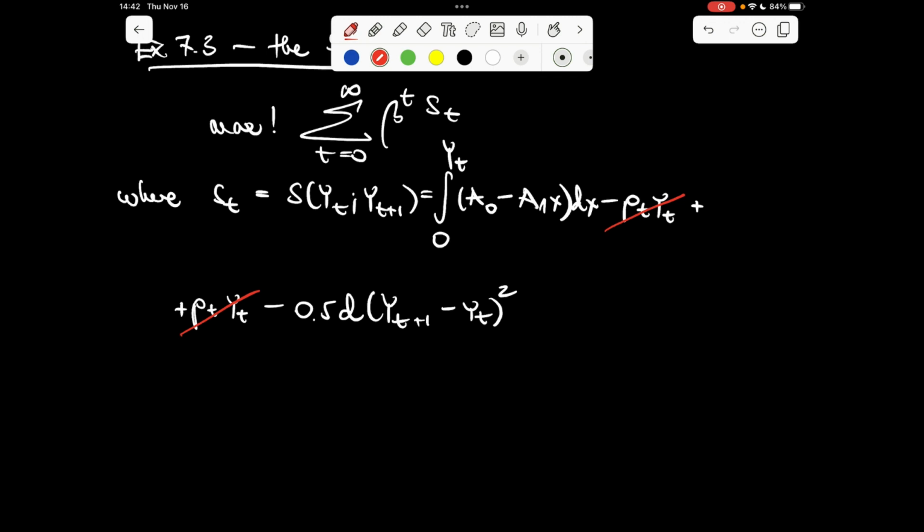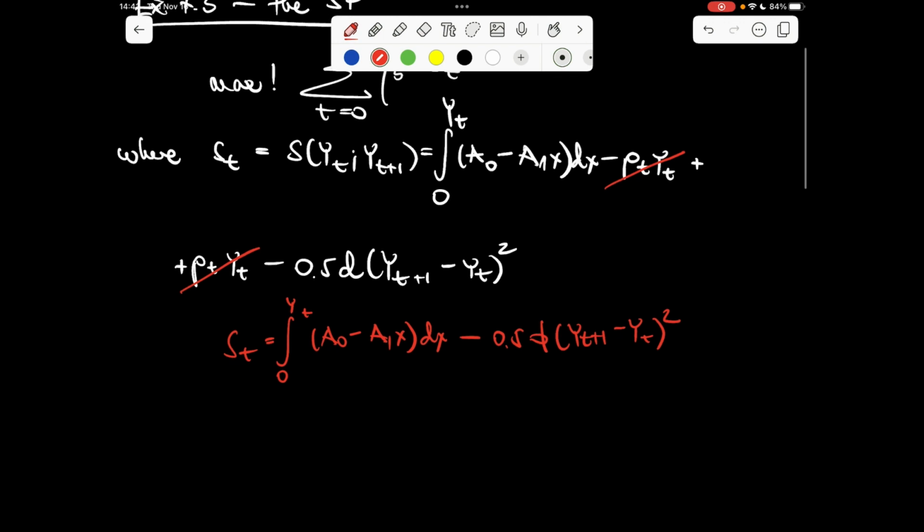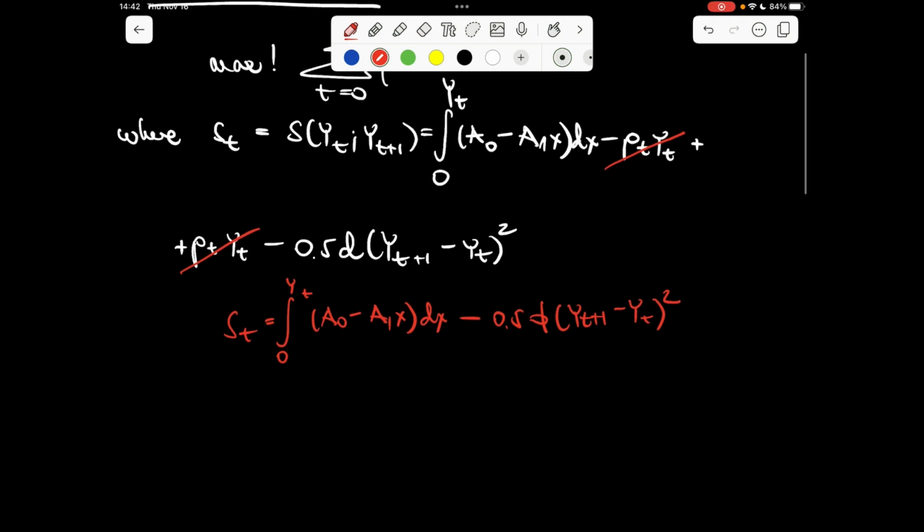So what remains is this term, which is still the sum of the consumer surplus and the producer surplus.